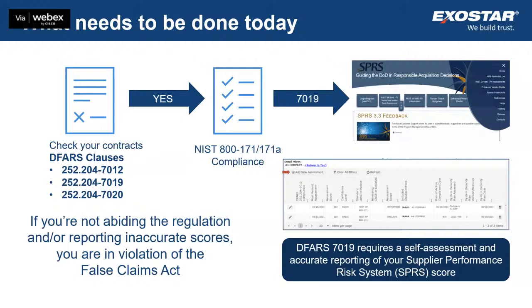That's the score you enter in that the DoD then sees. They're the only ones who will see that score, and that tells them how you're doing in being compliant with the NIST 800-171 controls. As part of the output of that assessment, you'll generate what's called an SSP, a System Security Plan.